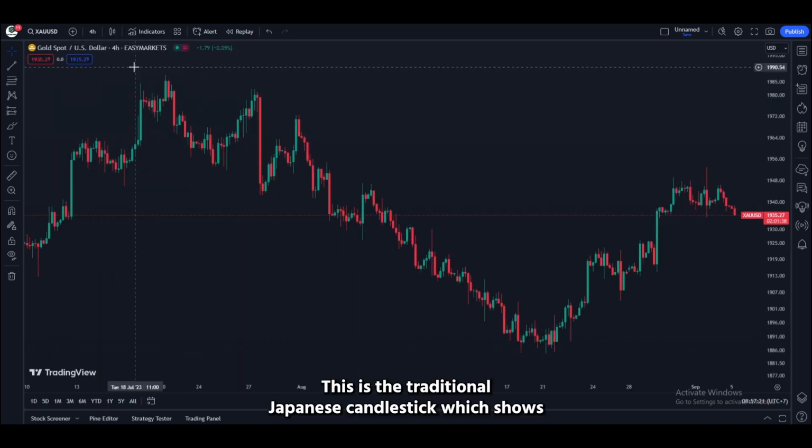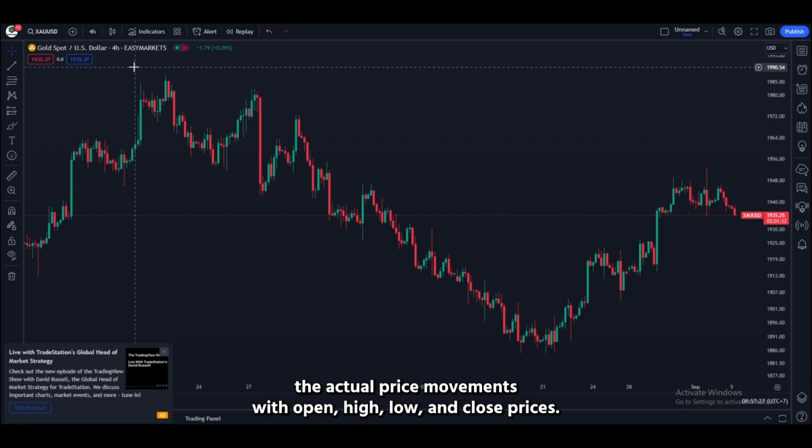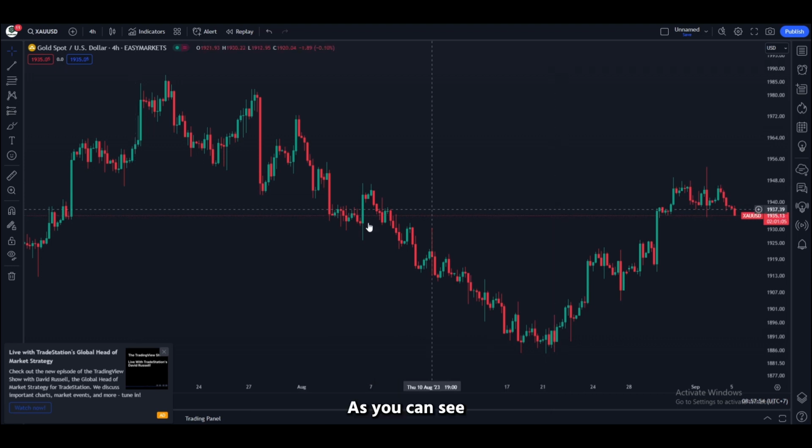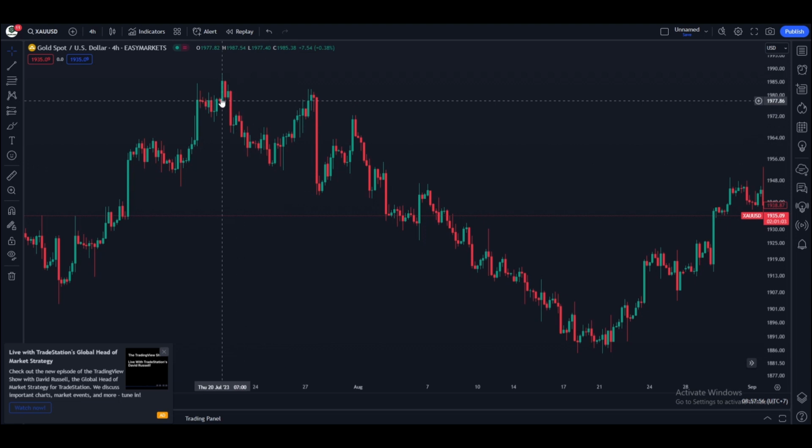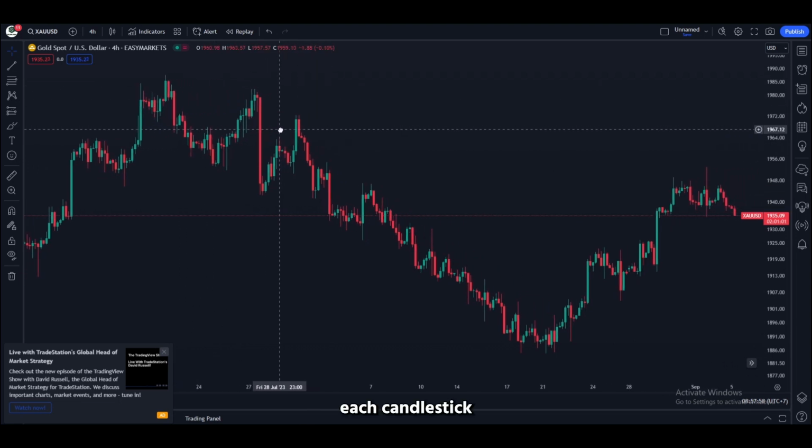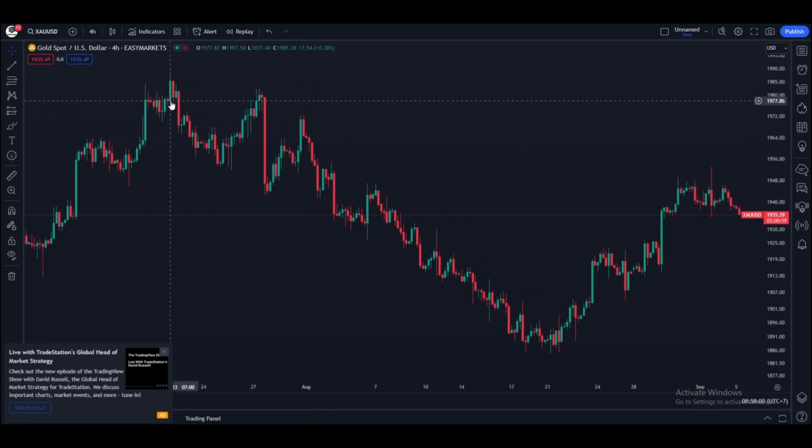This is the traditional Japanese candlestick, which shows the actual price movement with open, high, low, and close price. As you can see, each candlestick has open, high, low, and close.